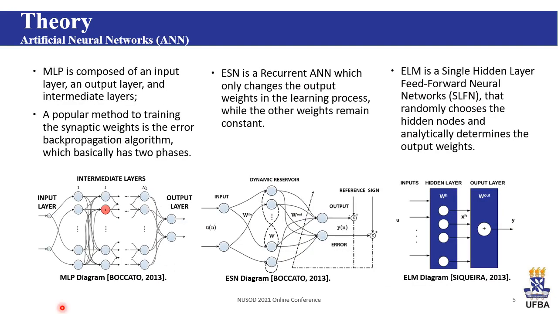Here we can see the diagrams of three different models of ANN. The first, the MLP, is composed of an input layer, an output layer, and an intermediate layer, where the output of one neuron is the input of the neuron in the next layer. A popular method to train the synaptic weights is the error backpropagation algorithm, which basically has two phases.